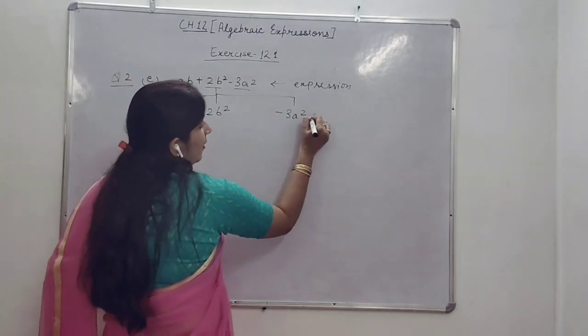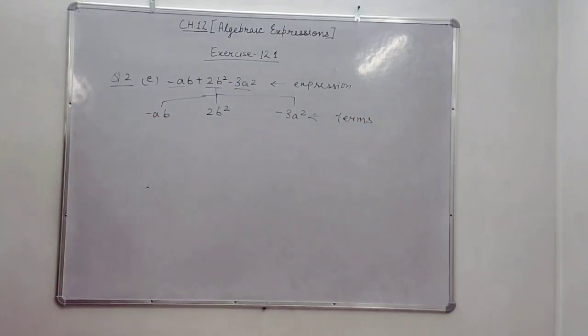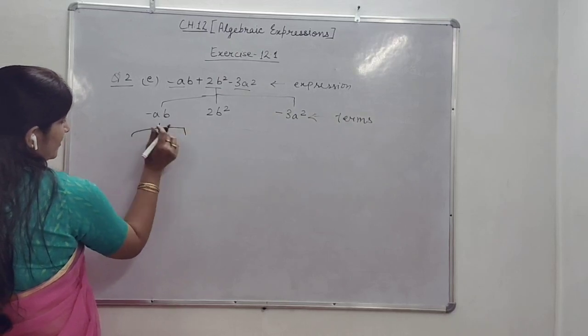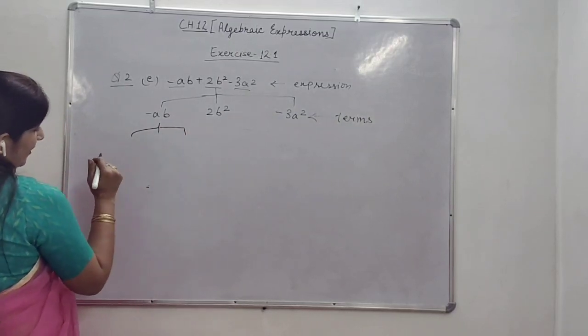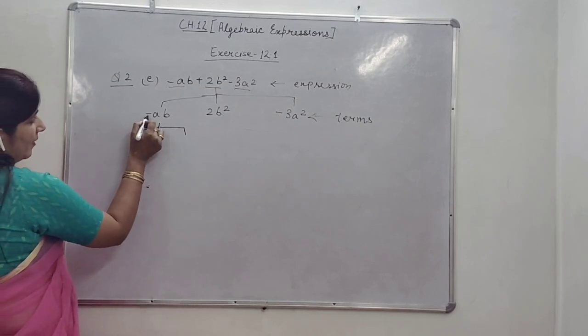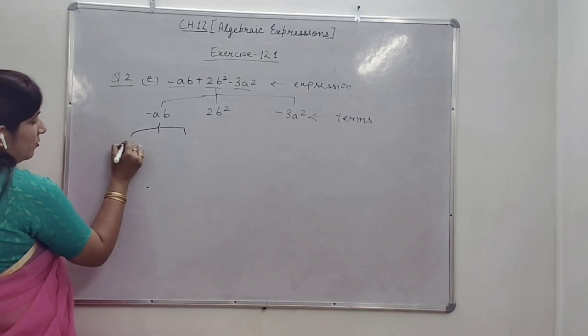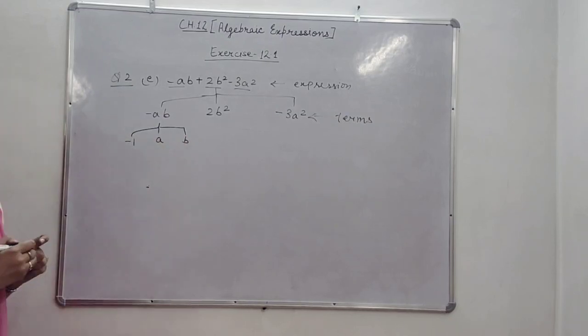Now, these are terms. Now, let us separate the factors. How many factors are here? Here we can write 3 factors also. Suppose minus 1 is separate, so you can write 3 factors: minus 1, A and B. You can write in this manner also.